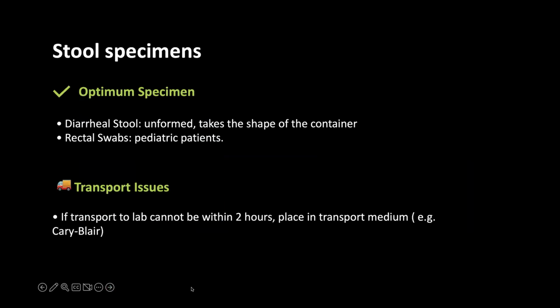So stool specimens: the diarrheal stool is unformed and takes the shape of the container. For pediatric patients, you may send rectal swabs. And if you cannot get the specimen to the lab within 2 hours, it should be placed in a formalin preservative. For stool submitted for C. difficile testing, the lab should not test formed stool for C. difficile.